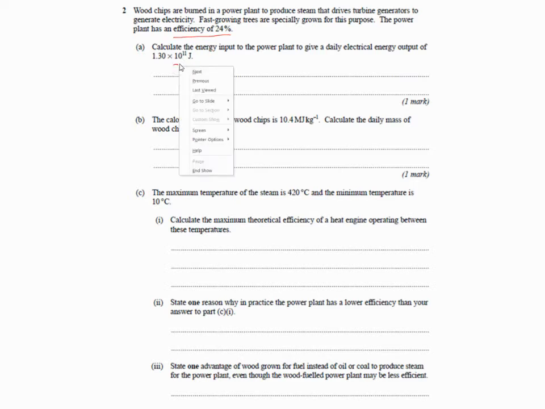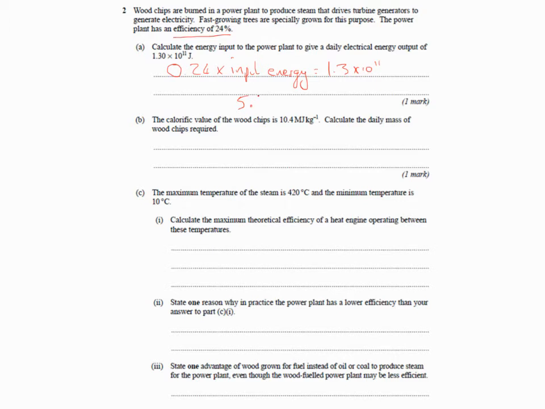So the efficiency times the input energy will equal the output energy, which in this case is 1.3 times 10 to the 11 joules. So solve this equation and we end up with 5.4 times 10 to the 11 joules.